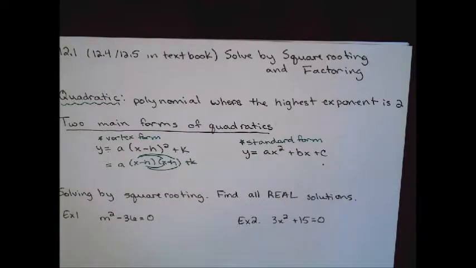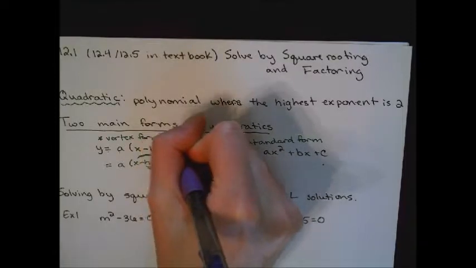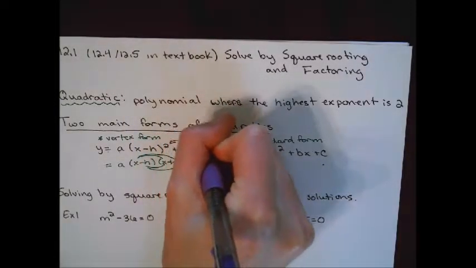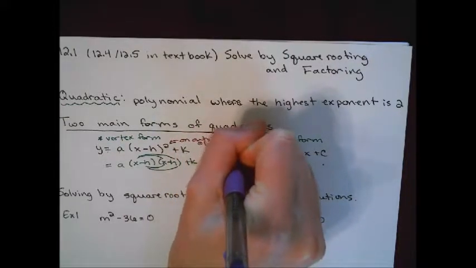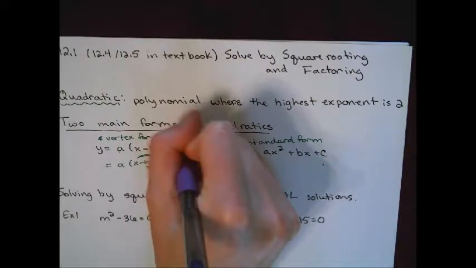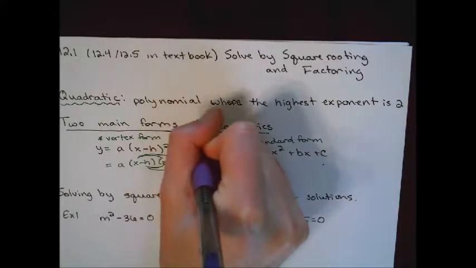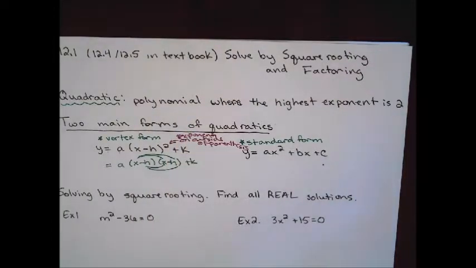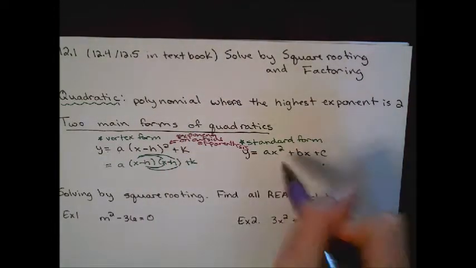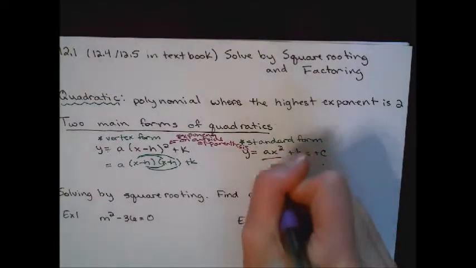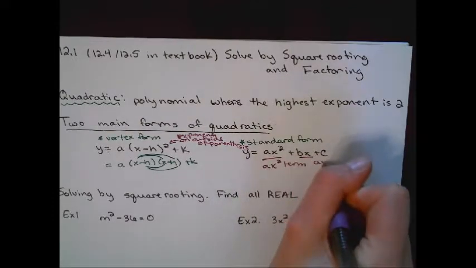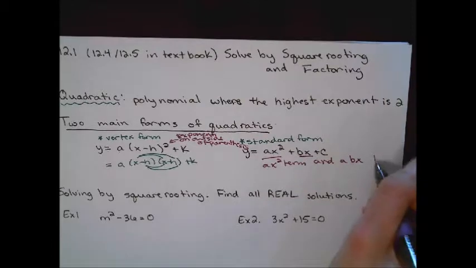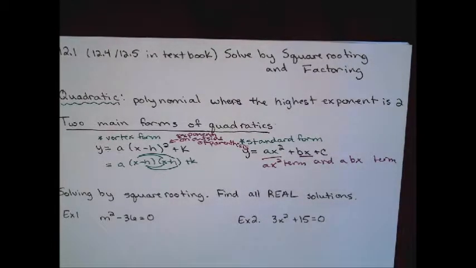The key way to notice the difference is that in vertex form we have the power of 2 on the outside of the parentheses, versus for the standard form we have an x squared term and a bx term. So this is how you can tell the difference between standard form and vertex form.